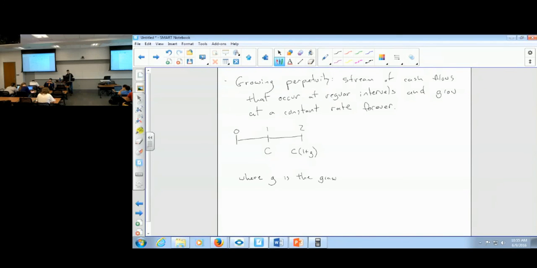The growth rate of the cash flow. At time period 3 then would be C times 1 plus g squared. It grows twice. Or C times 1 plus g cubed. It grows 3 times. And then that would just continue in perpetuity forever.